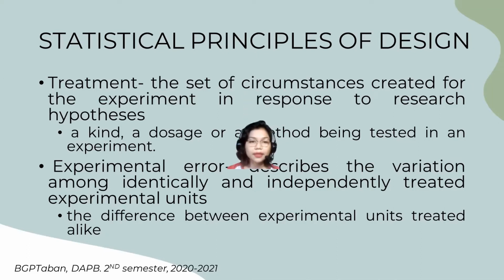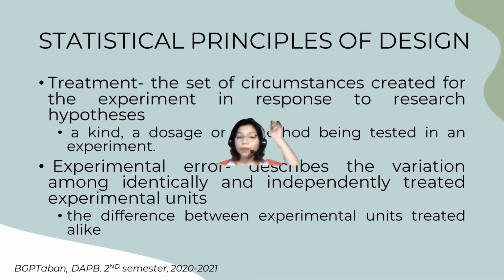And another thing, experimental error describes the variation or the differences among identically and independently treated experimental units, meaning they are just treated using the same treatments, but treated individually, or independently.